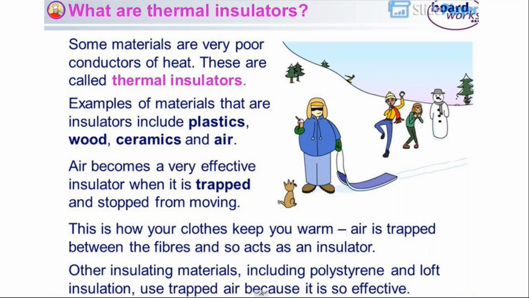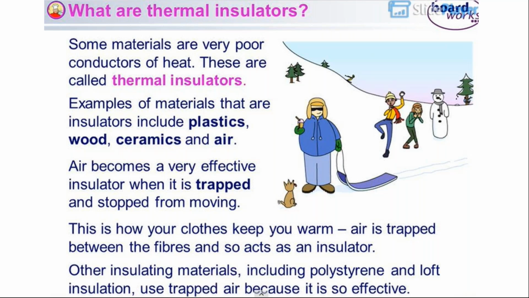But if we make air stop in one place, if we trap the air in one place, it means that convection also cannot happen. For that reason, we use carpets in our houses, because carpets and walls trap the air and don't allow the convection current to happen quickly.